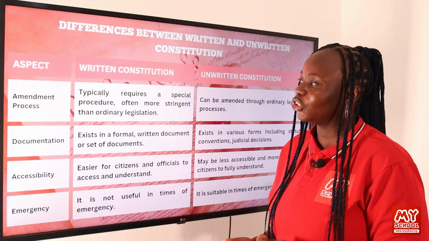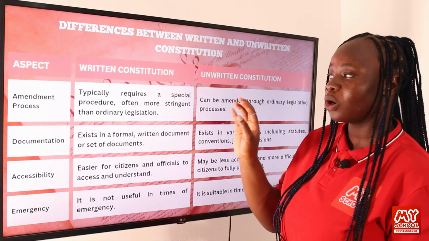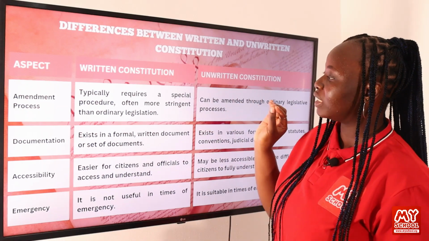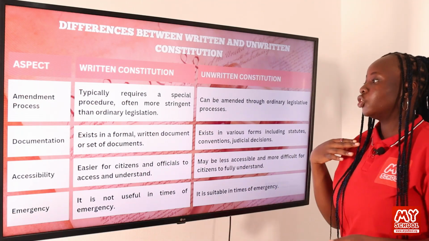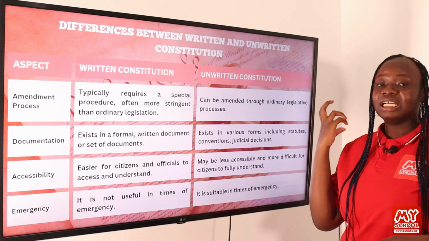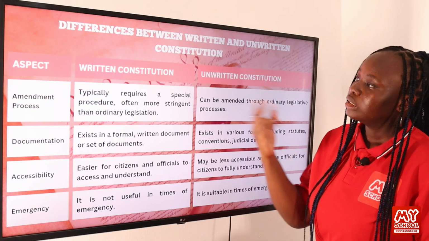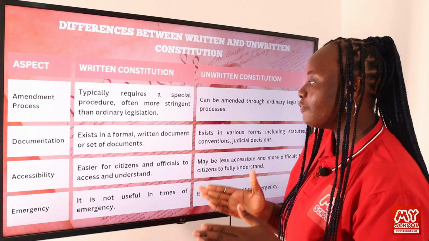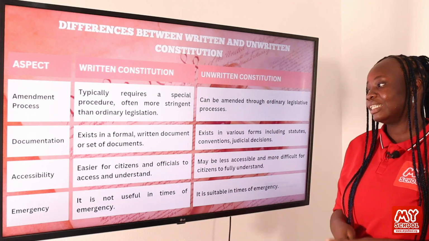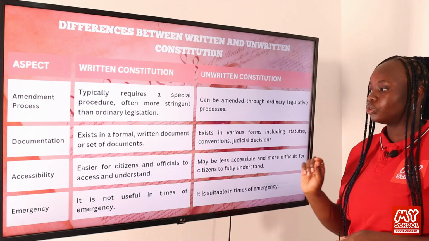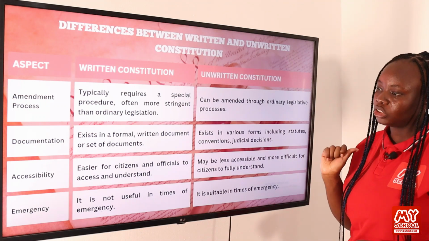Alright, a written constitution typically requires a special procedure to amend, often more stringent than ordinary legislation, while an unwritten constitution can be amended through ordinary legislative processes. Then a written constitution exists in a formal written document or a set of documents. An unwritten constitution exists in various forms, including statutes, conventions, judicial decisions.